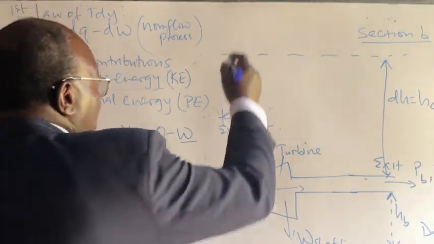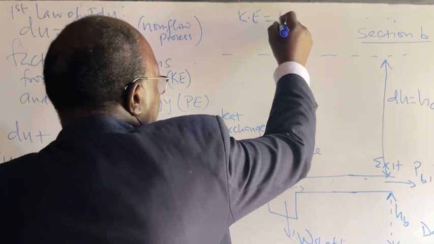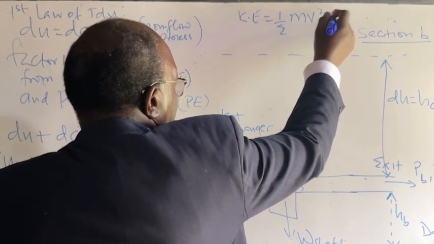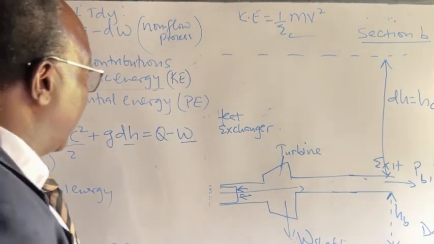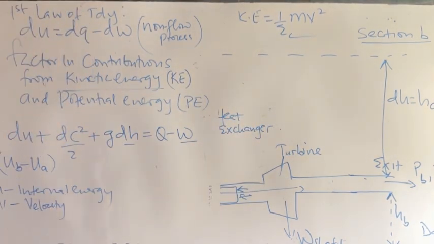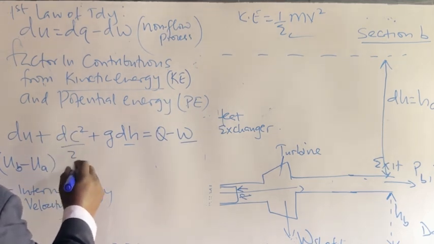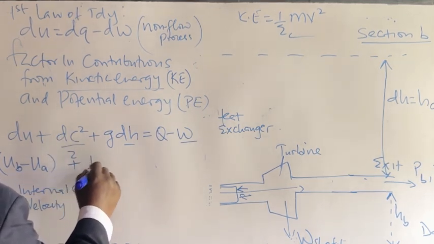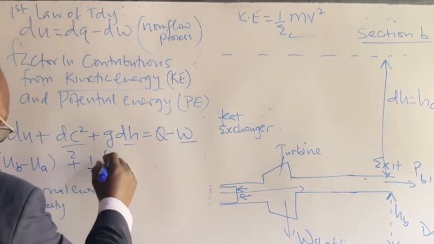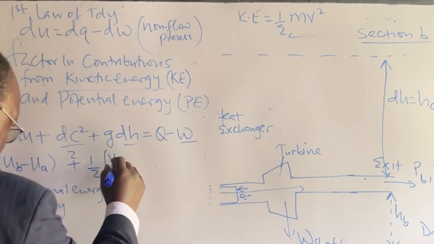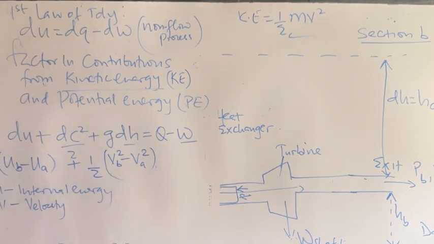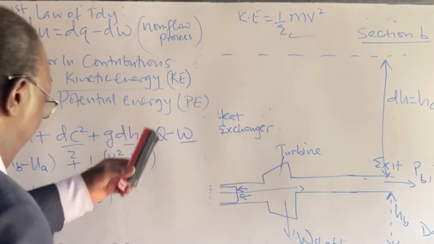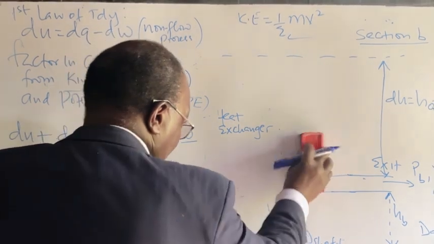That is the expression for calculating kinetic energy. So if you know the mass of the body and its velocity, you can compute its kinetic energy. So we will have plus half the velocity in section A and B squared.